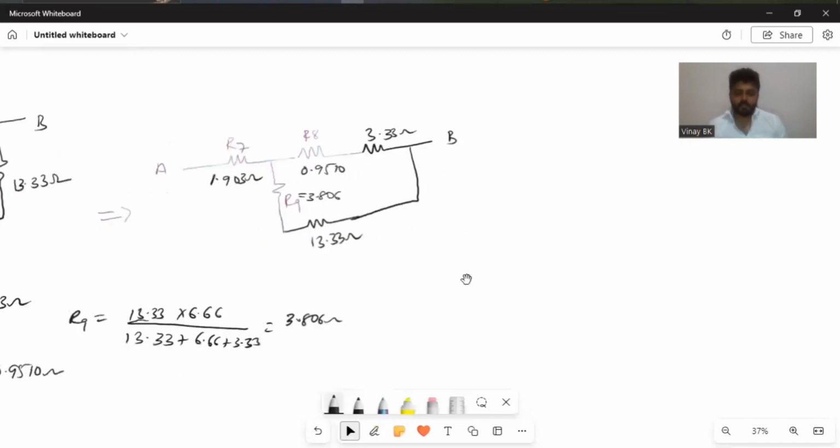This 3.806 and 13.33, these two are in series, and R8 and 3.33 are in series.